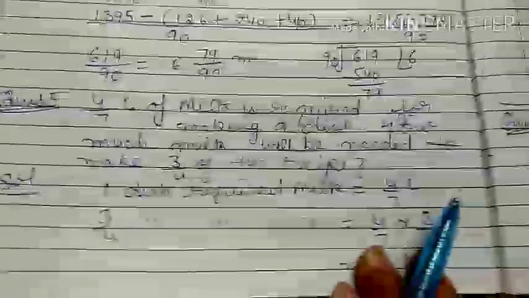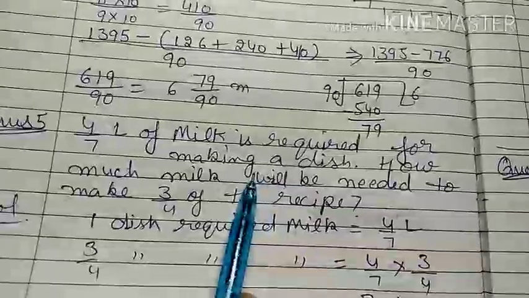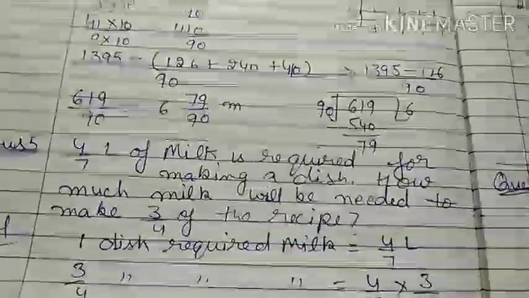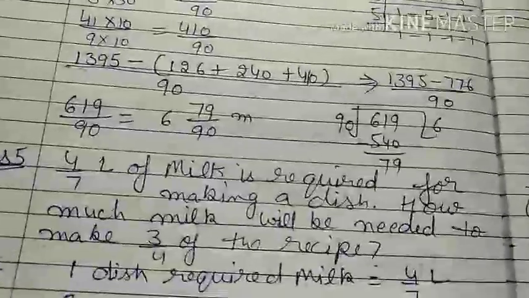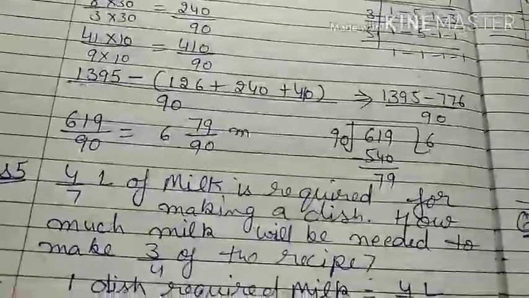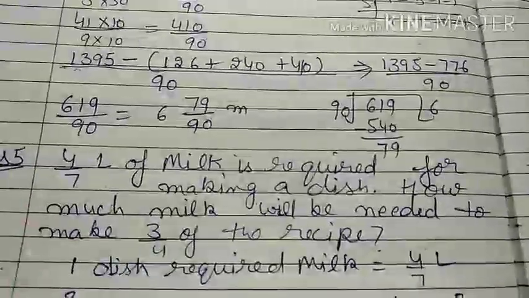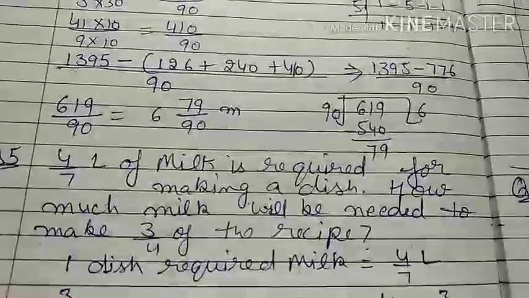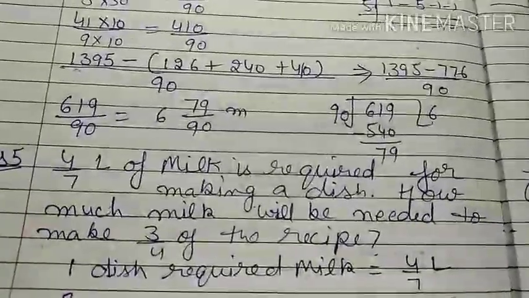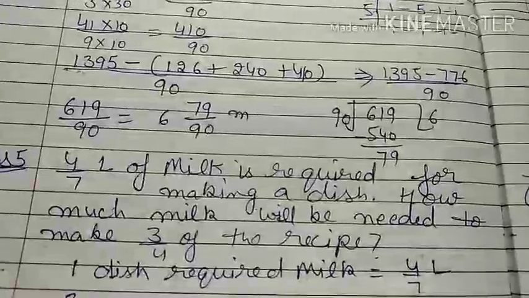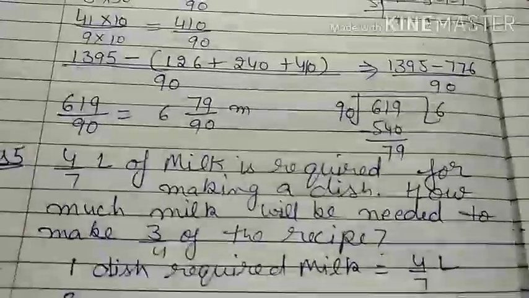Next is your fifth question. 4/7 liter of milk is required for making a dish. Suppose you want to cook one dish at your home, and the required milk is 4/7 liter. How much milk will be needed to make 3/4 of the recipe?